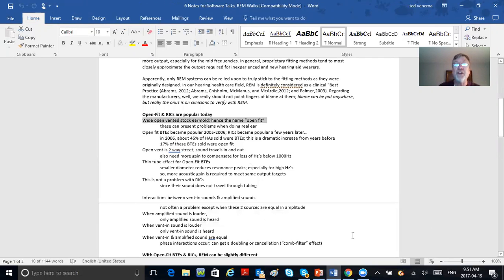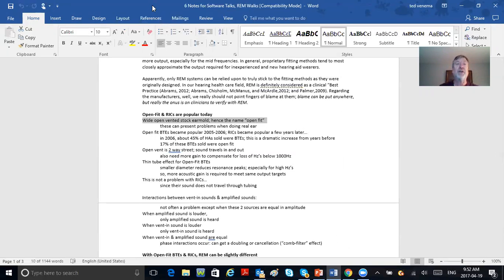Wide, open vented stock ear molds, hence the name open fit. Always keep a clear difference between open fit and RIC, because there is a difference.